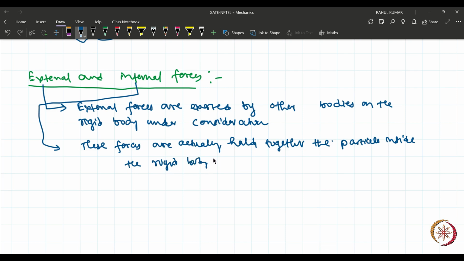It is saying that the main purpose of internal force is to hold together the particles inside the rigid body. Did you get it? What is the main purpose of internal forces?